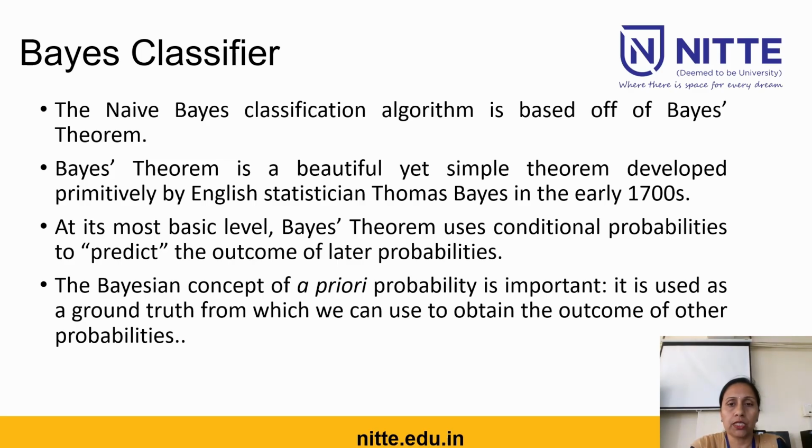This Bayes theorem usually uses conditional probabilities to predict the outcome of later probabilities. In the sense, it's based on the conditional probability. Given some condition, it calculates the probability, and the prior probability and conditional probability will be used to calculate the posterior probability. And the naive Bayes text classifier is purely based on this conditional probability and the prior probabilities.